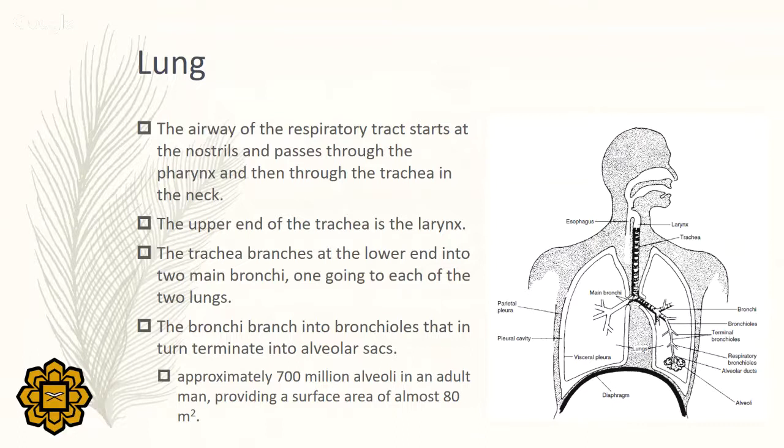So that's really, really huge. You might not see it because it's very, very small, but we have 700 million of them. About 350, I'm not sure whether it's 350 for each lung, but the total of two lungs is 700 million.